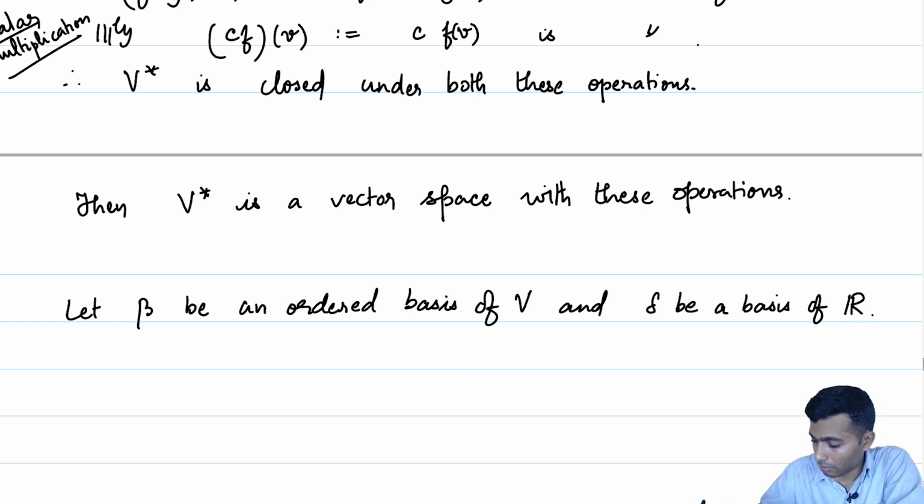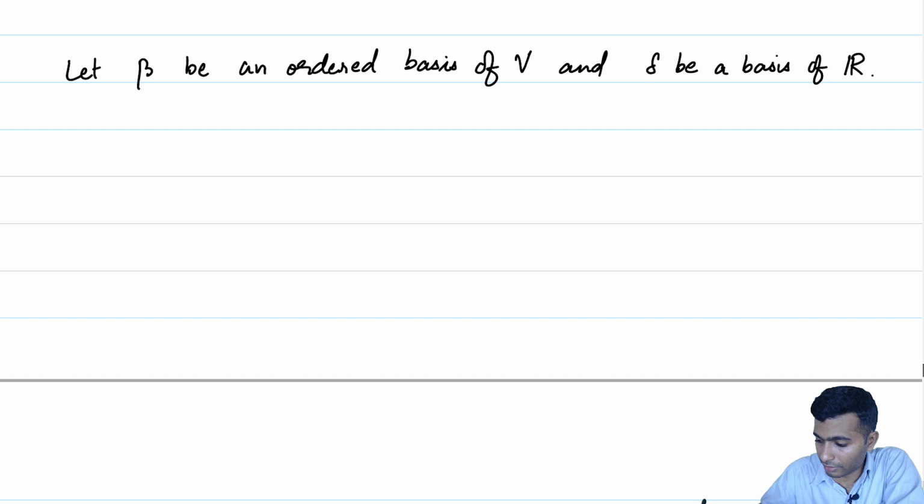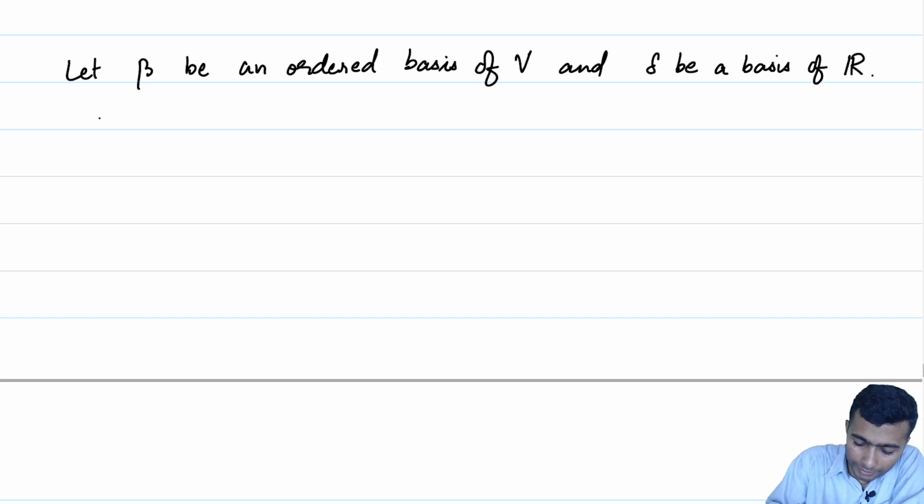Remember that R is a one dimensional vector space over itself, therefore, delta will consist of one element. It does not matter though. Let f and g be two elements in V star.